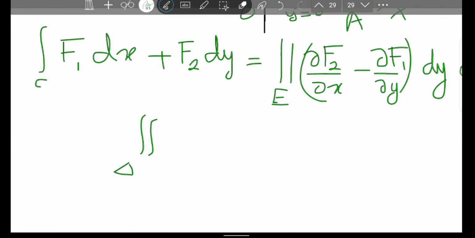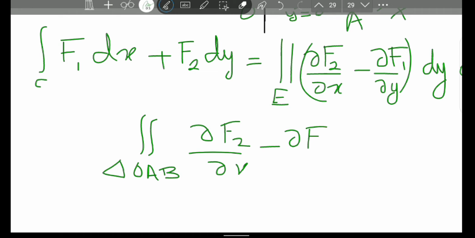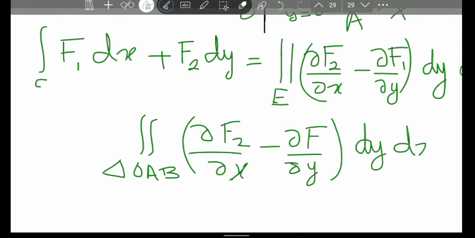Integral over triangle OAB of del f2 del x minus del f1 del y dy dx. That's our triangular region.